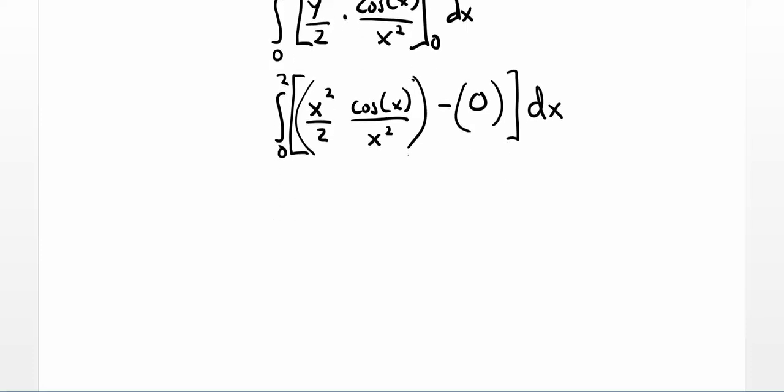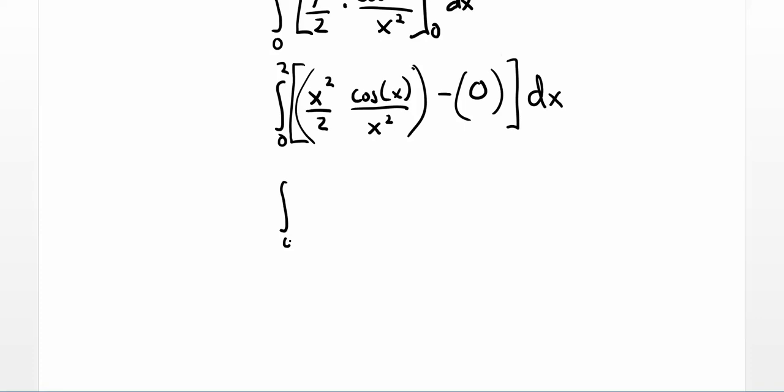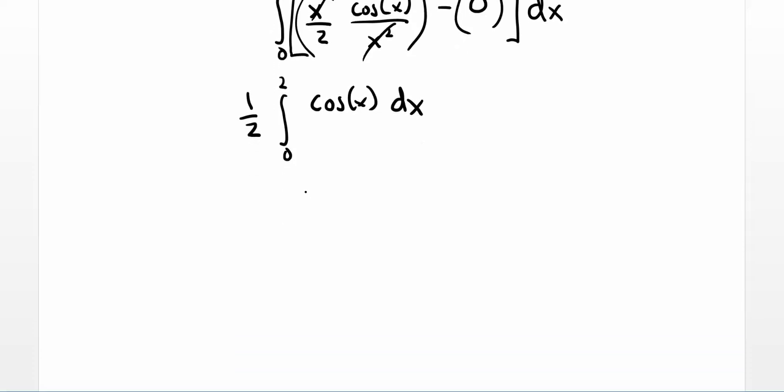Okay, we can clean this up a bit. X squareds cancel, which is real nice. Cosine of x over 2. We'll pull the 2 out front, so we'll just have 1/2 in front. This is a real easy integral. This will be 1/2 sine of x.